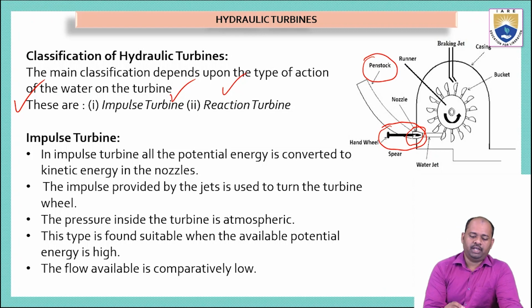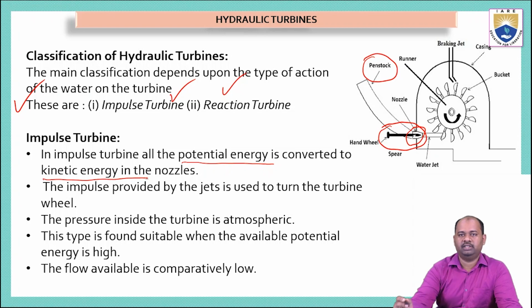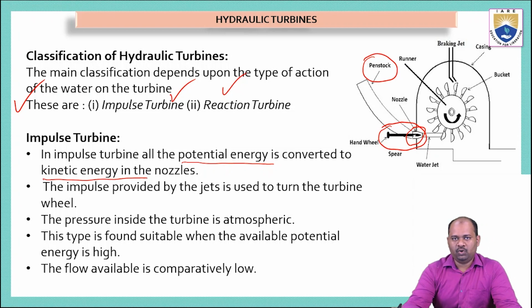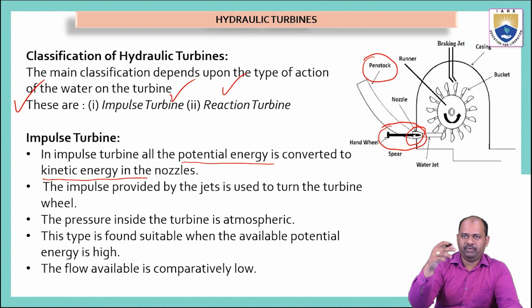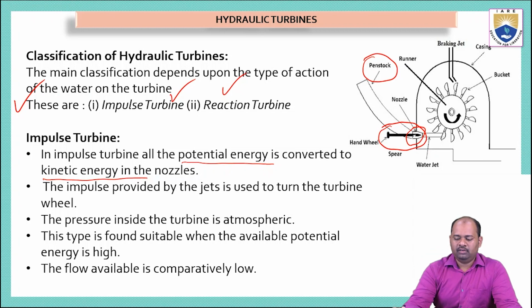Now in an impulse turbine, the potential energy is converted into kinetic energy in the nozzle itself. We will place the nozzle pipe at the very height of the dam, where the water will have a lot of potential energy because it is stored at a very high altitude.